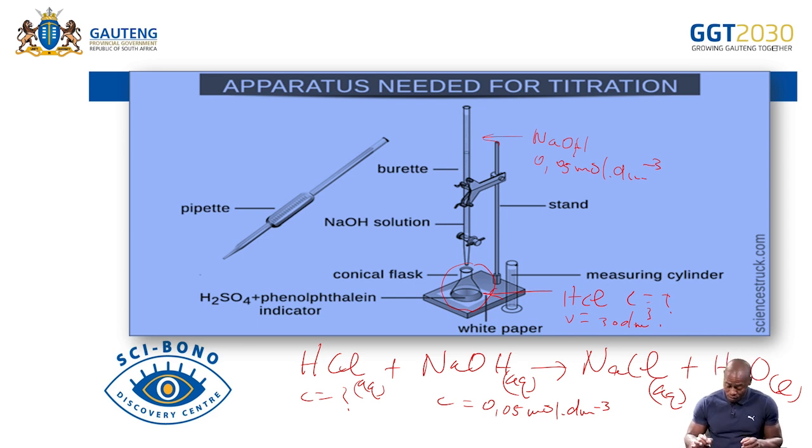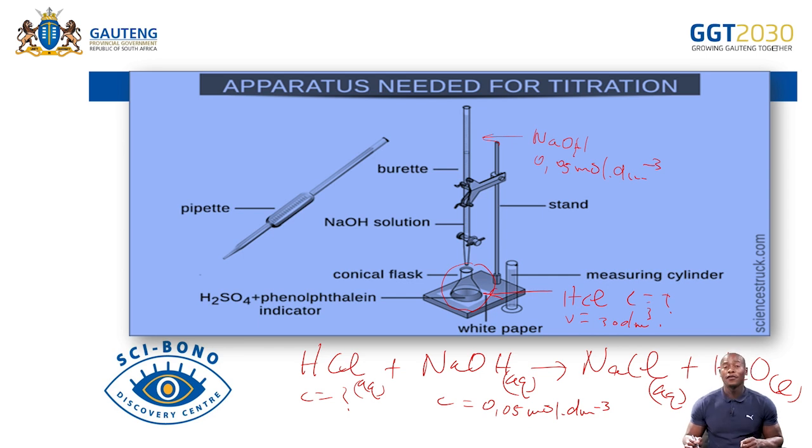What we know is the volume of hydrochloric acid. We don't know its concentration, which is what we want to find out. What we don't know for sodium hydroxide is the volume that will be needed to neutralize 30 cubic decimeters of hydrochloric acid.